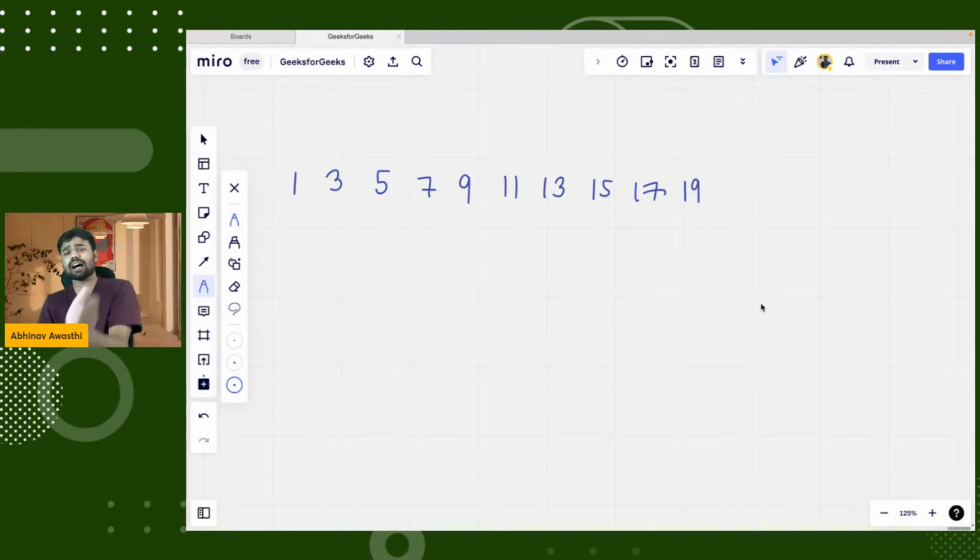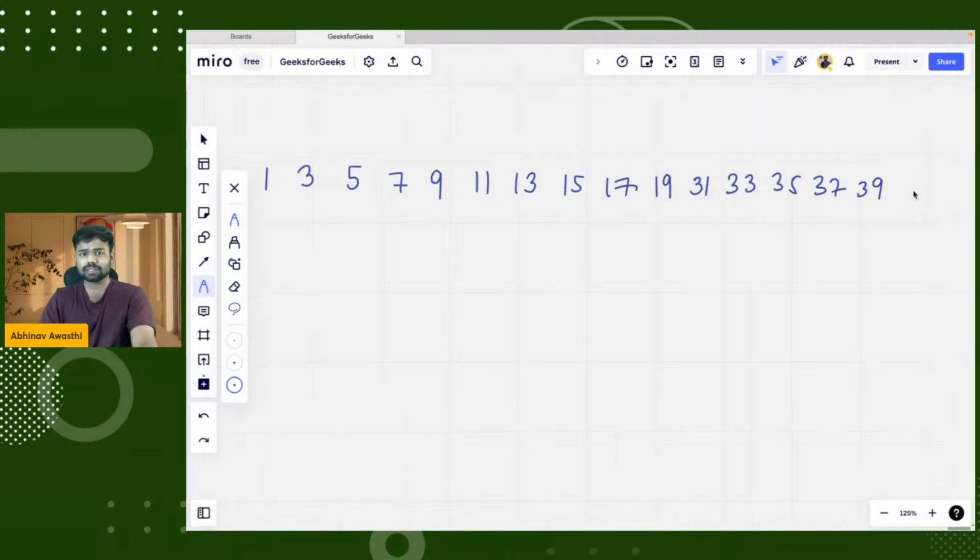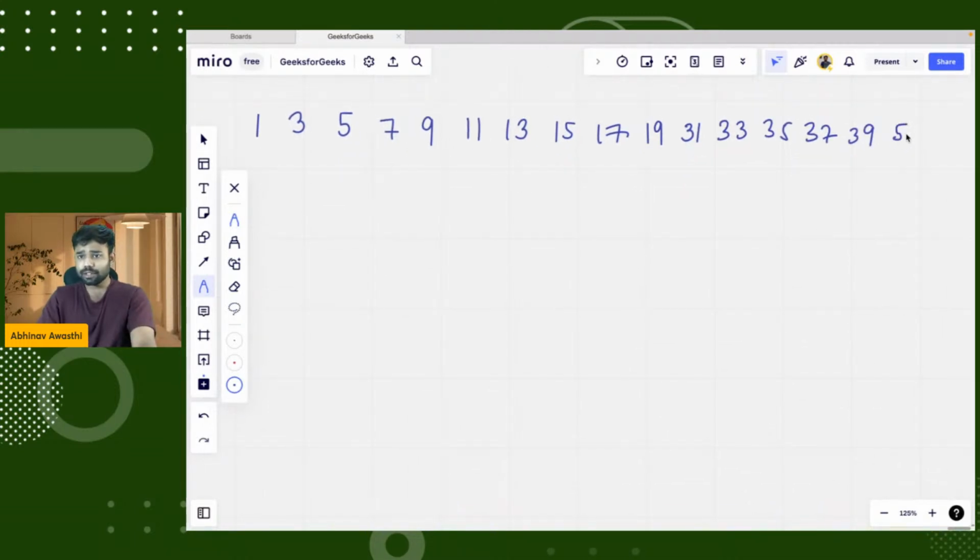But after this, the next expected term should be 21. But this cannot be there because 2 is an even number. Next will be 31, 33, 35, 37, 39, and then again not 41. It starts with 51 and 53 and so on.